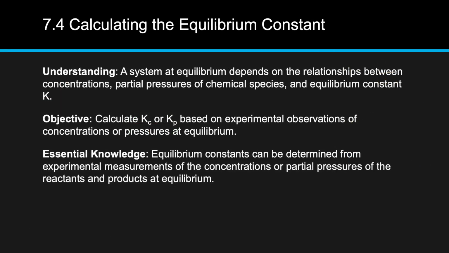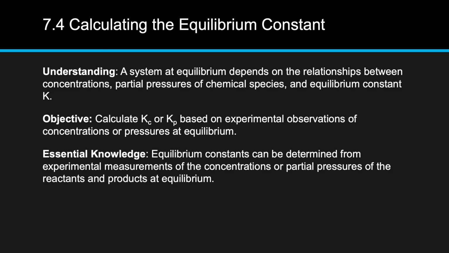All right, let's move into 7.4. We know that calculating the equilibrium constant allows us to quantitatively describe the position of equilibrium using the data. At equilibrium, the concentrations of solutions or partial pressures of gases are going to remain constant, and those values can be substituted into the equilibrium expression to determine Kc or Kp.